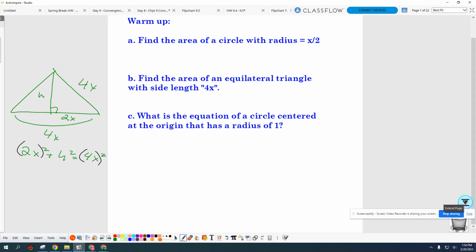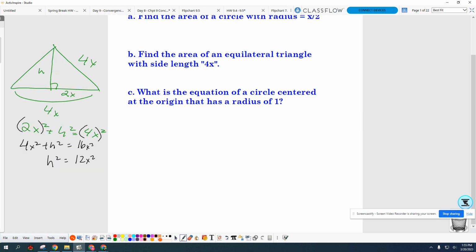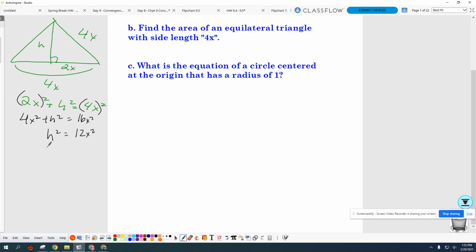So this becomes 4x squared plus h squared equals 16x squared. Do I divide? Do I subtract? So it's 12x squared. Oh, this is gross. So square root, do I do plus or minus, or is it distance and I just want the positive? Just the positive.